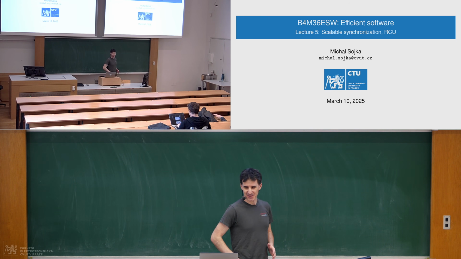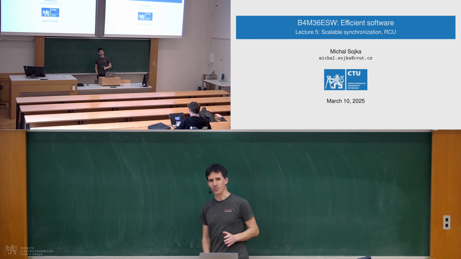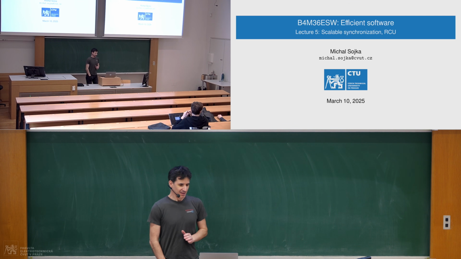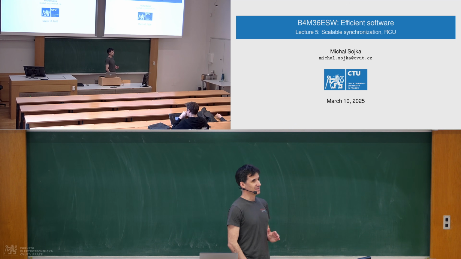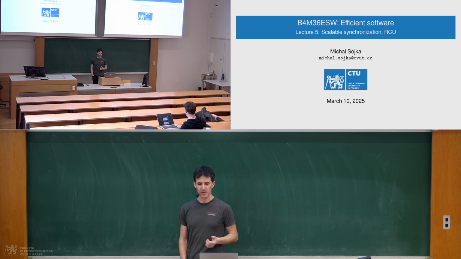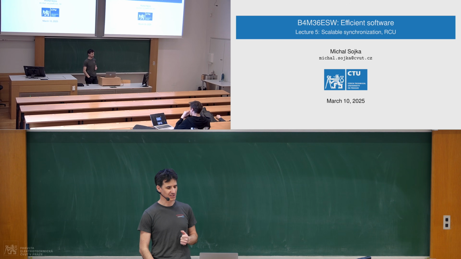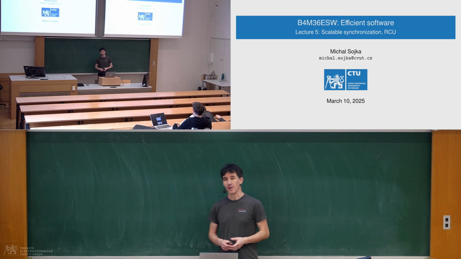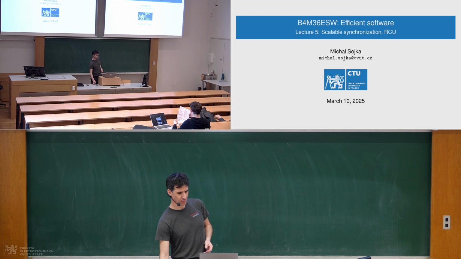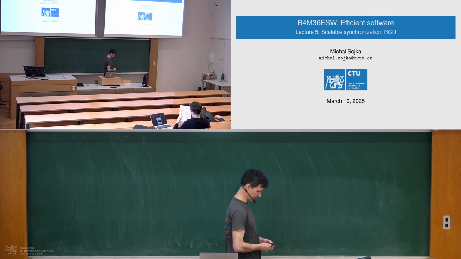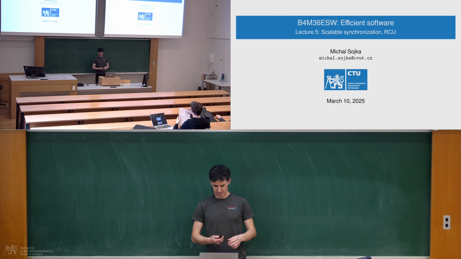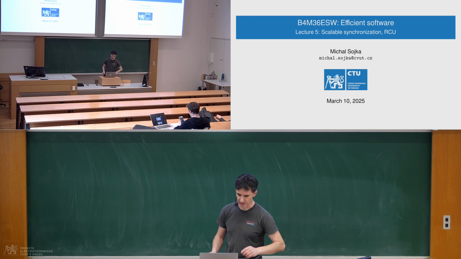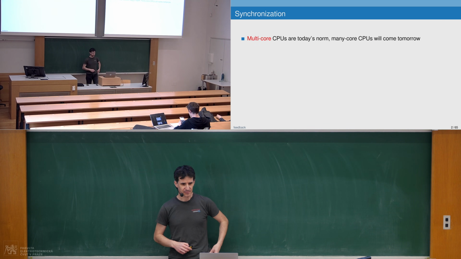That's why this lecture is here, because as you will see, you can significantly slow down your program if you do not synchronize your threads efficiently. Today we will talk about why that is so complex, which options we have, and how to do synchronization efficiently, at least in some cases where it's possible.